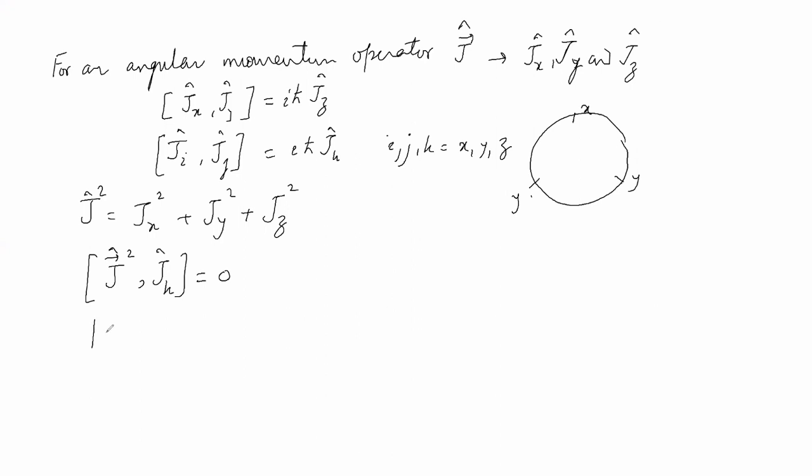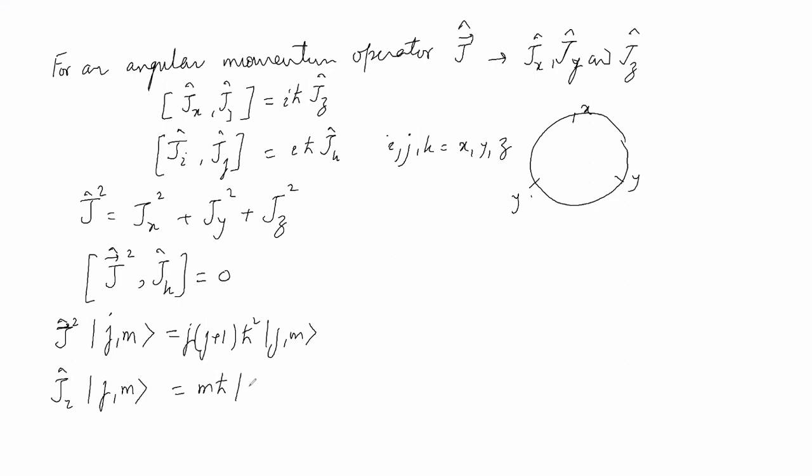We wrote it as |j m>, where J square on |j m> gave j(j+1)ħ square |j m>, and Jz on |j m> gave mħ |j m>.